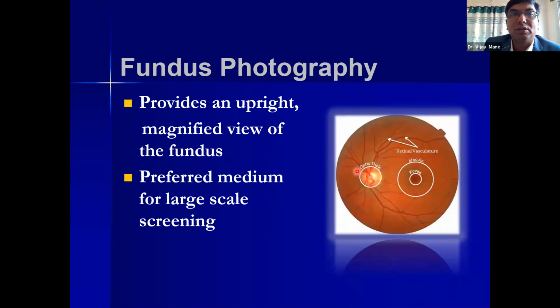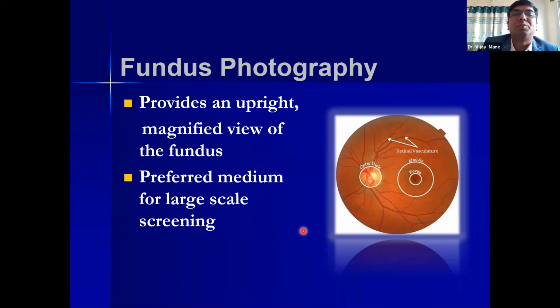So as I mentioned, this is a fundus image, which gives us all the landmarks, or we can see inside the eye. So it provides an upright and magnified view of the fundus. Basically, this is used by many doctors as a screening, or normally when you visit an ophthalmologist, they first go through this fundus photography to see the changes in the eye.